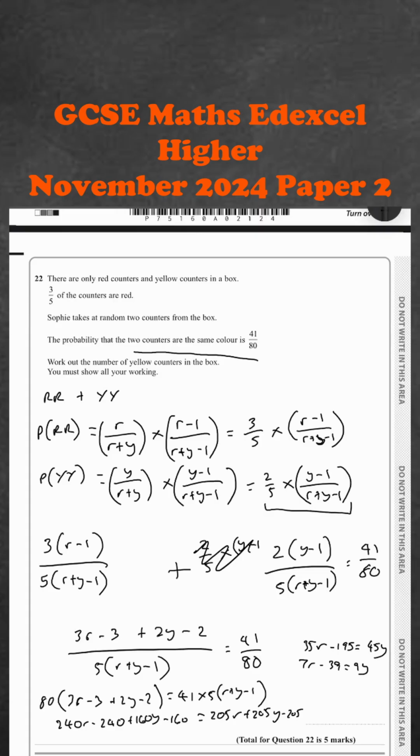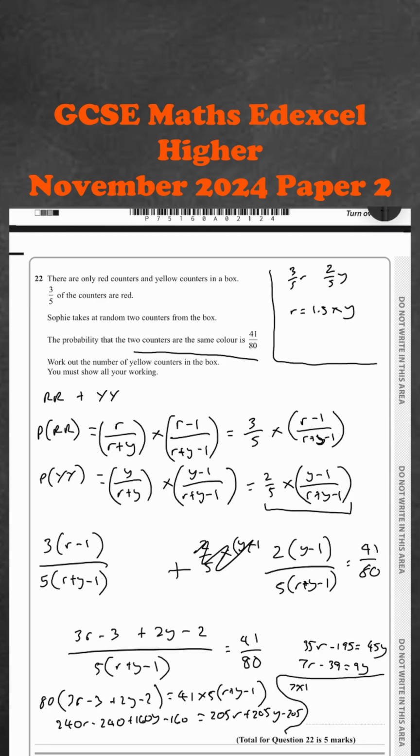So we're almost there. One thing we haven't mentioned is that since 3/5 are red and 2/5 are yellow, we can say that r equals 1.5 times y. So let's pop that into our equation at the bottom.